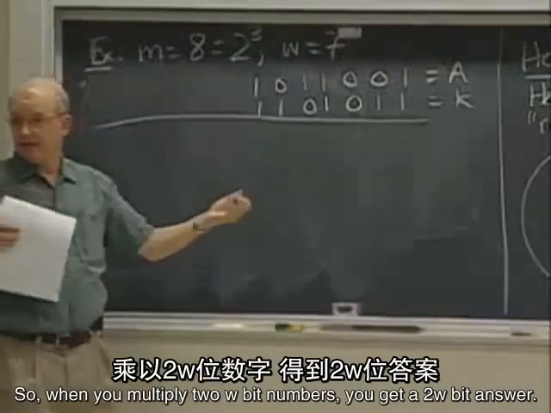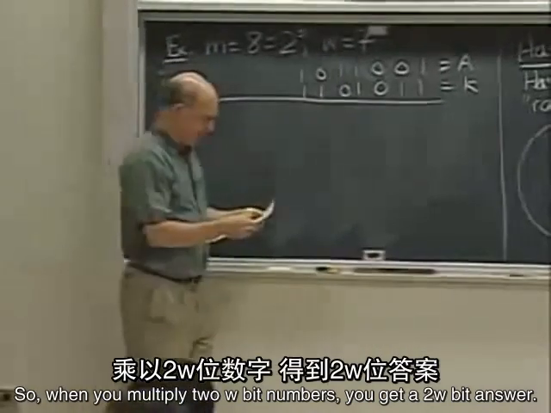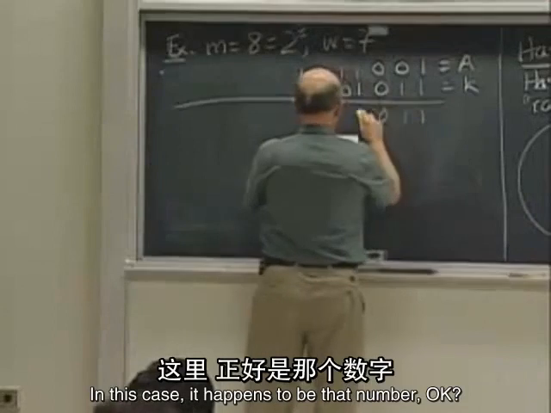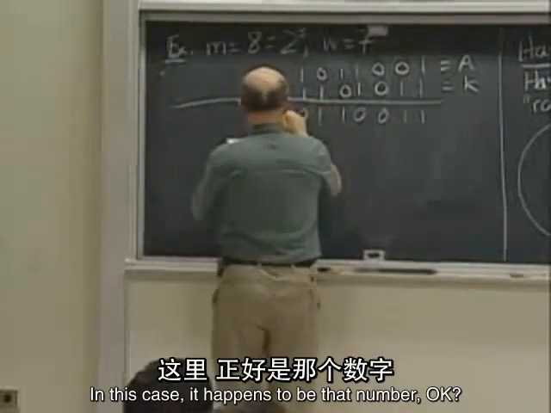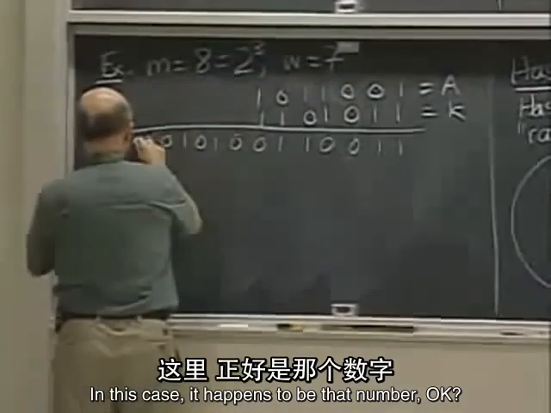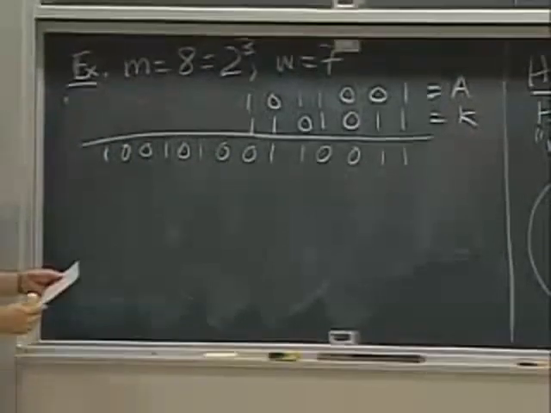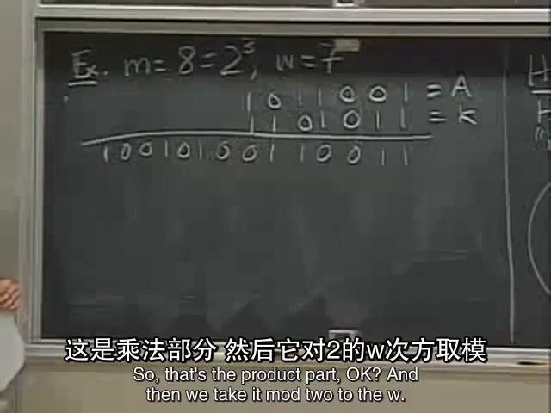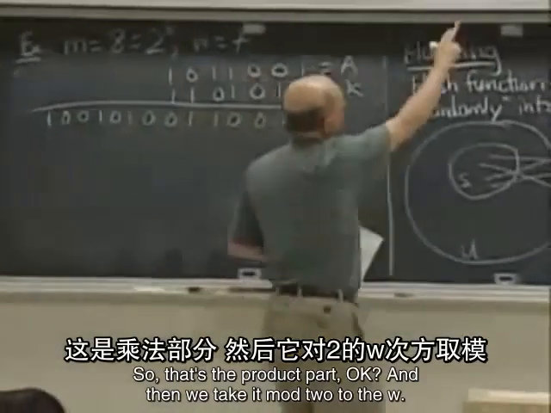So when you multiply two w-bit numbers, you get a 2w-bit answer. In this case, it happens to be that number. So that's the product part.